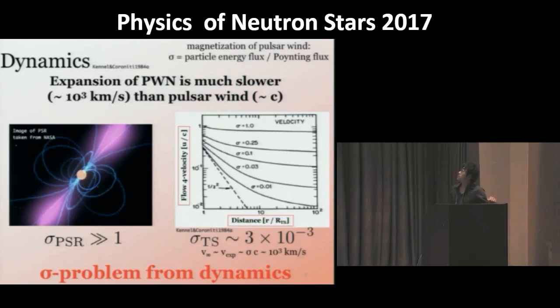Okay, so in the first paper of Kennel and Coroniti, they consider the dynamics of the pulsar wind nebula.